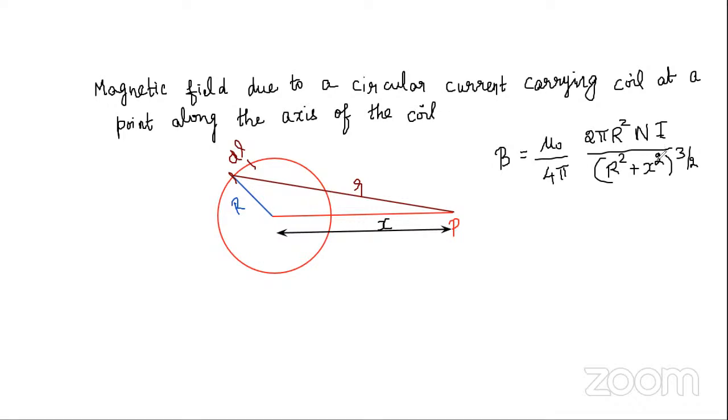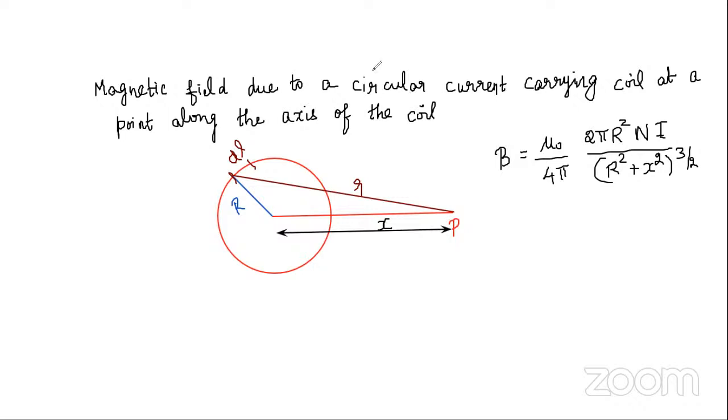This is the general expression for the magnetic field due to a circular current carrying coil at a point along the axis.